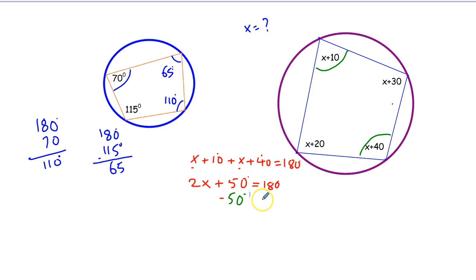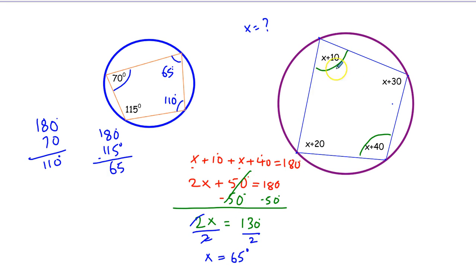Subtract 50 degrees on both sides to give you 2x is equal to 180 minus 50, which is 130 degrees, and divide both sides by 2 to give x is equal to 130 divided by 2, which is 65 degrees.